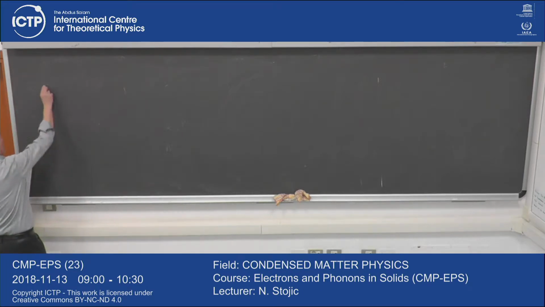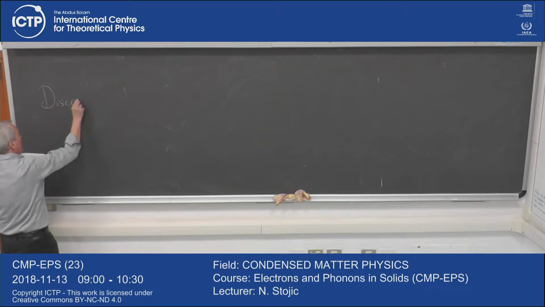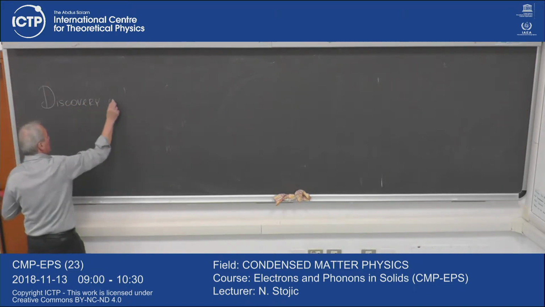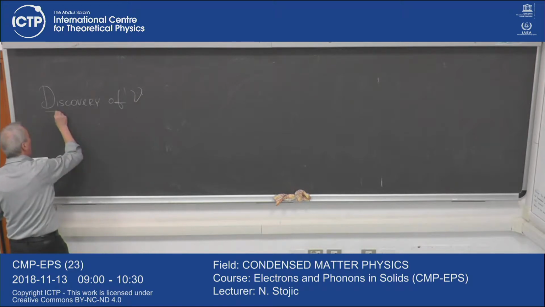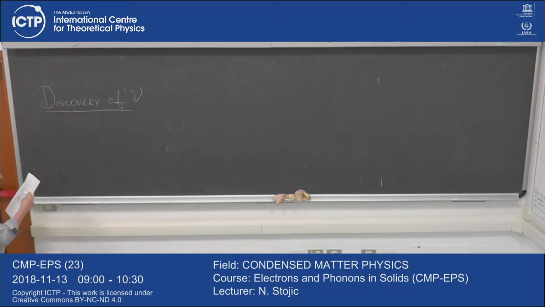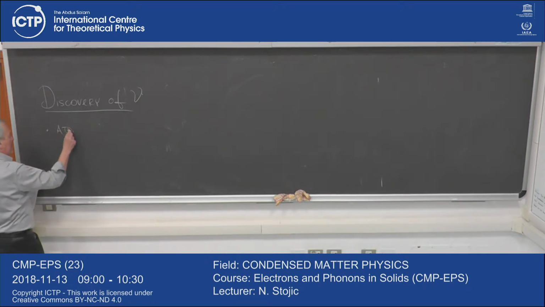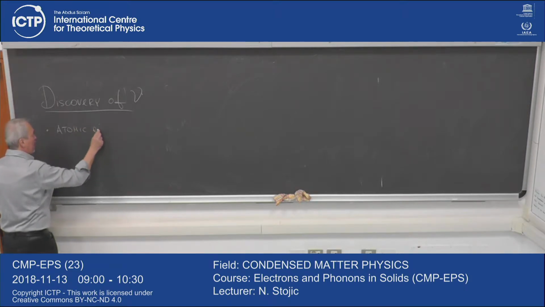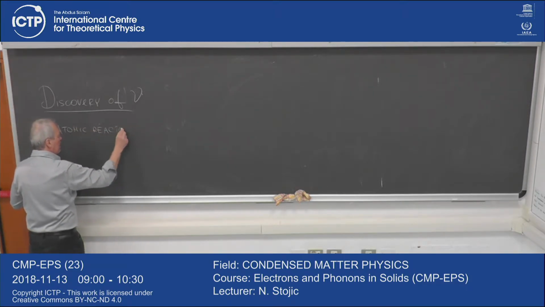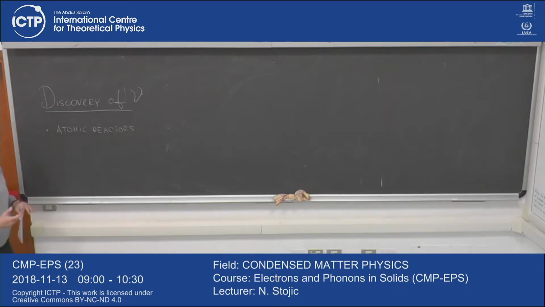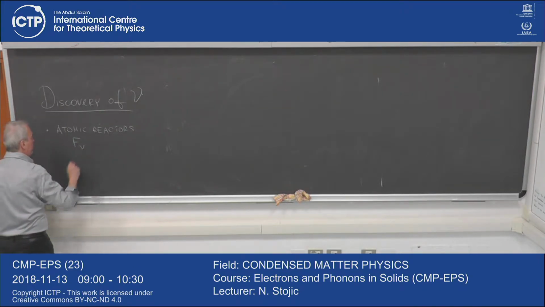So now we will discuss the discovery of the neutrino. Let me write that there are two key developments which led to this discovery. One is the creation of atomic reactors, which are very powerful sources of neutrino fluxes, so big fluxes of neutrinos.